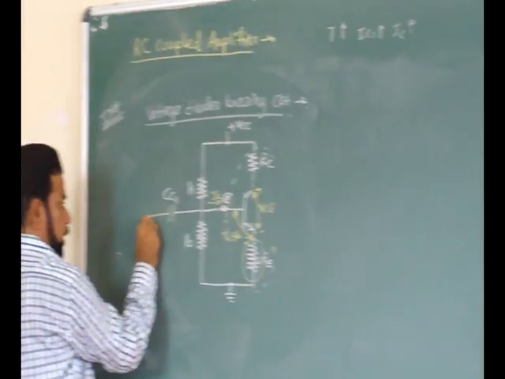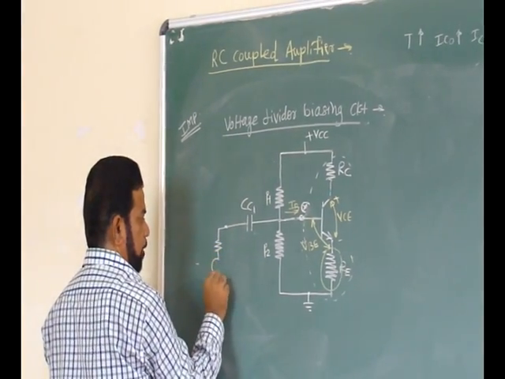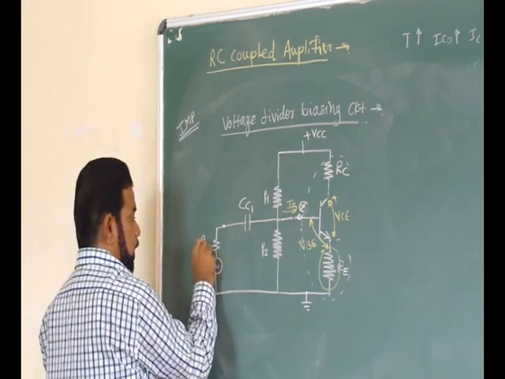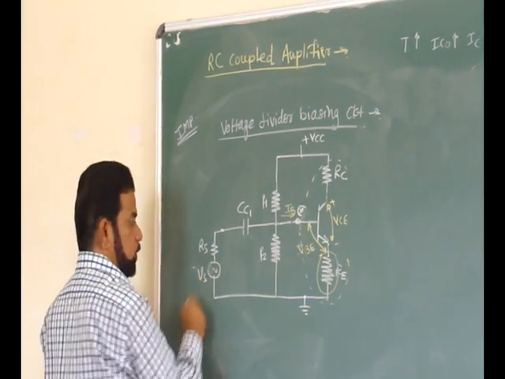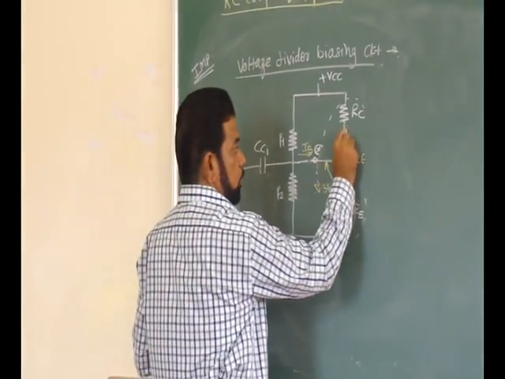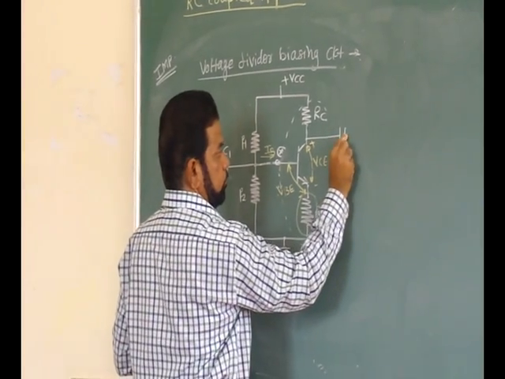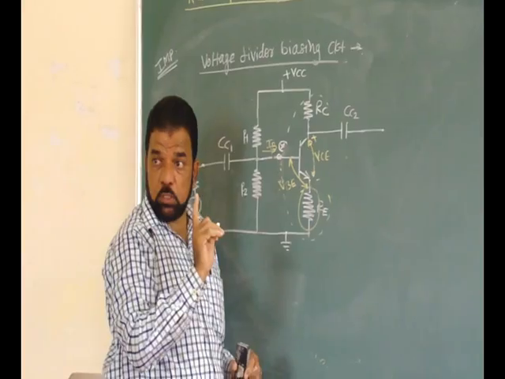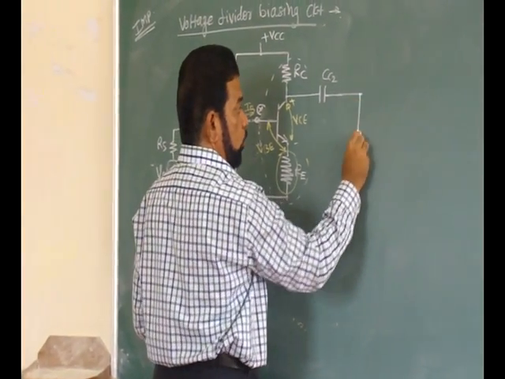I will add the external source. So this is say RS, this is VS. I will add one more capacitor here, CC2. If an external load is given, that load I will connect here.